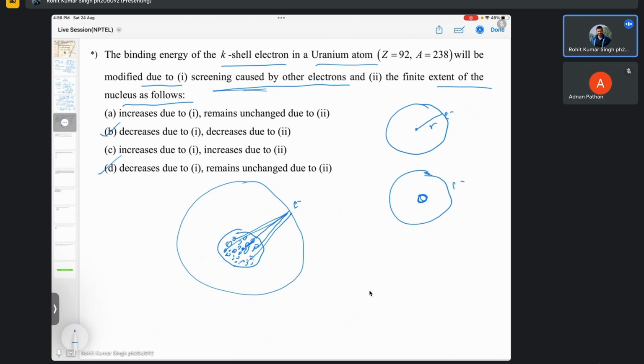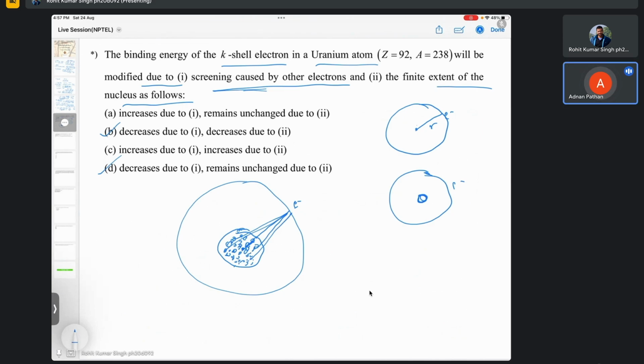Yeah, that's what we do while calculating the binding energy. But it's just a speculation: what will happen if there is a charged sphere of nucleus rather than a point particle?